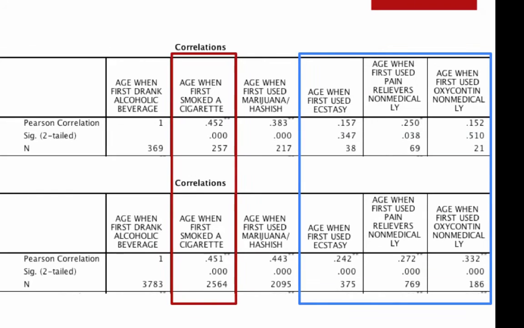But take a look at these three variables: ecstasy and alcohol, pain relievers and alcohol, and OxyContin and alcohol. Looking at alcohol and ecstasy, we see that in the first table we only had 38 people, and we had a pretty weak to no relationship. That was not significant.